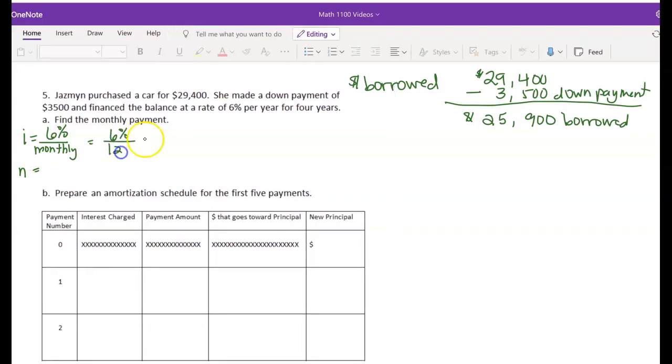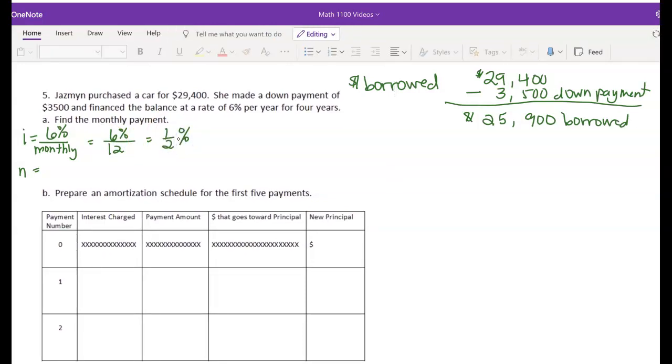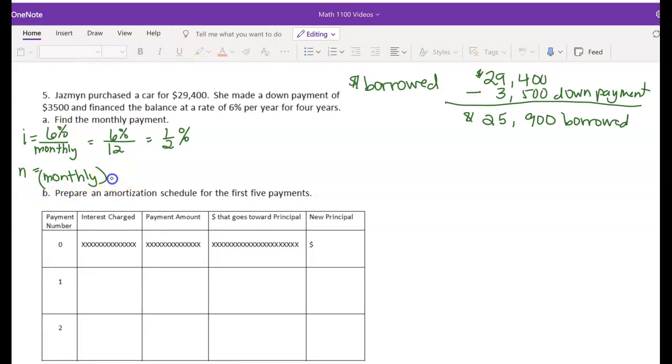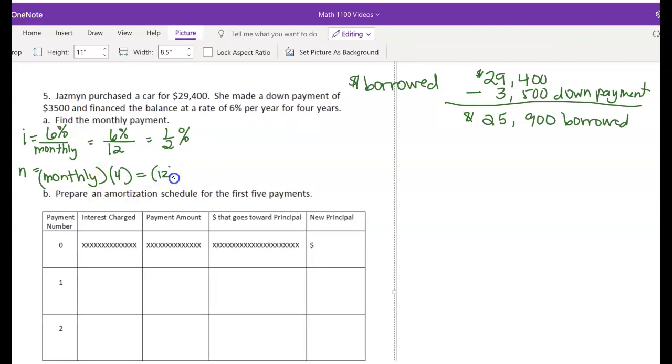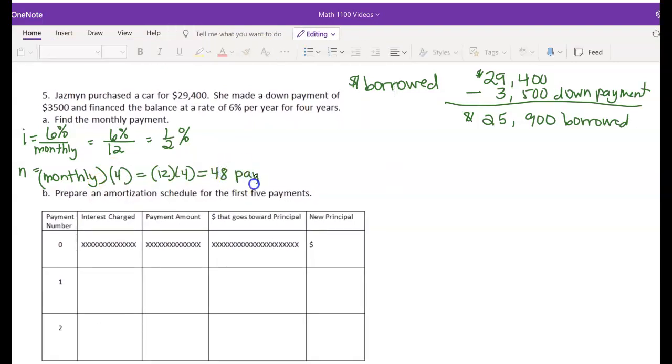And 6% divided by 12 is going to be 0.5%. And that's that first column of the table. For N, we're going to take monthly, and we're going to multiply it by 4 years. So 12 times 4 is 48 monthly payments.